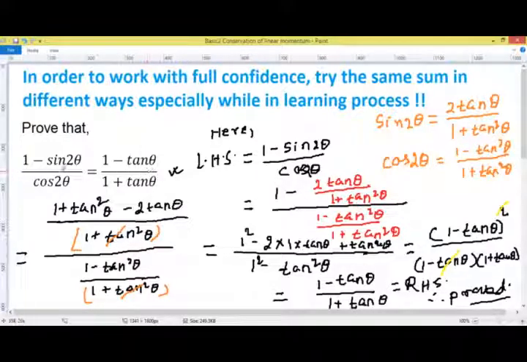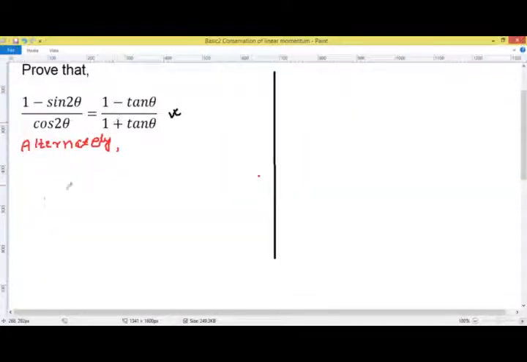If I get the same from both the left hand side and the right hand side, that means we can also say that this has been proved. So let's try an alternative way.